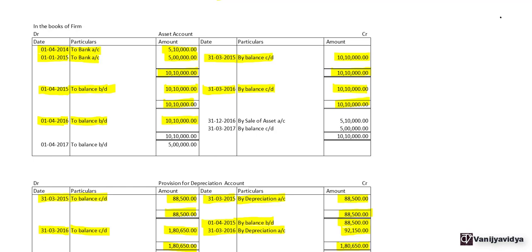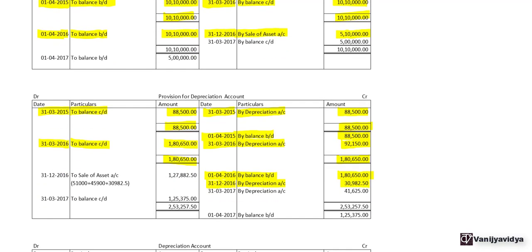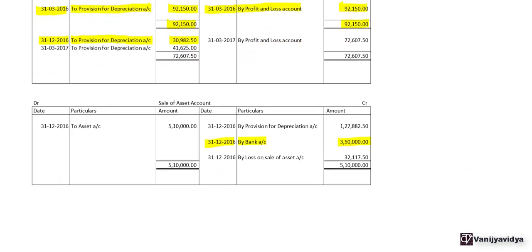So the cost is 5,10,000. So on 31st December 2016, by sale of asset account 5,10,000. So in the asset account, sale of asset account debit side, 31st December 2016 to asset account 5,10,000.